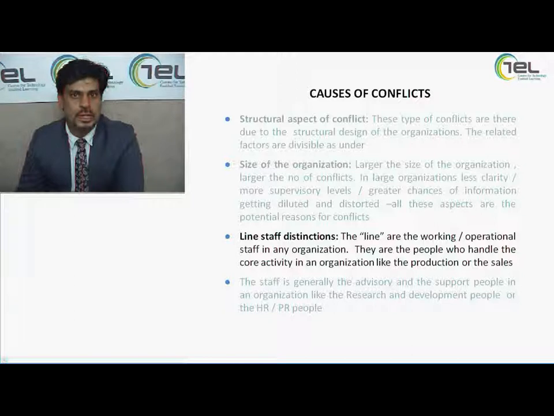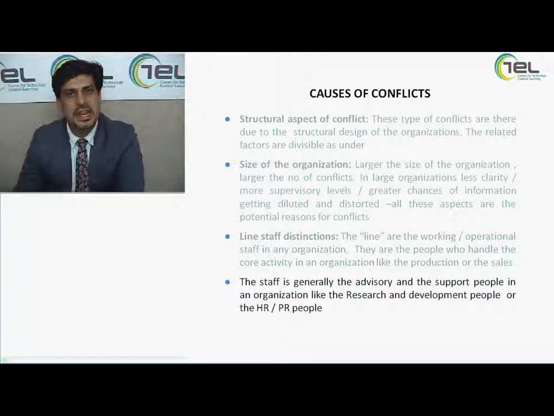Let's understand what is staff. Staff is generally the advisory and the supportive people in the organization. They are people who are working, for example, in the research and development departments, or people in the HR department, or people in the PR departments.